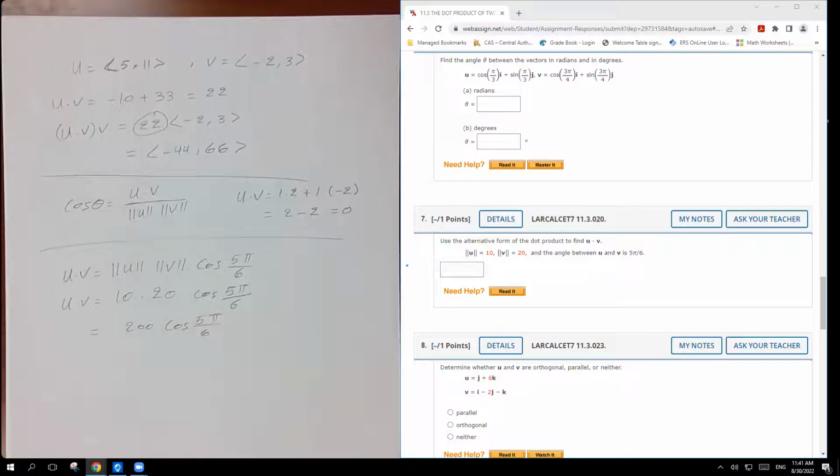It would be negative, that's for sure. It's been a while since I thought of the radian circle. Oh, wouldn't it be negative root 3 over 2? So 5 pi over 6.